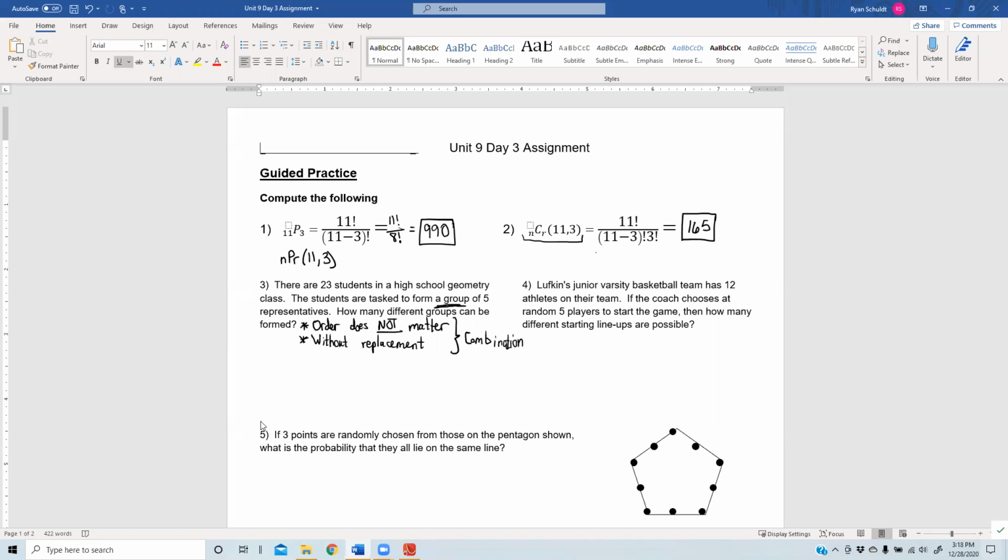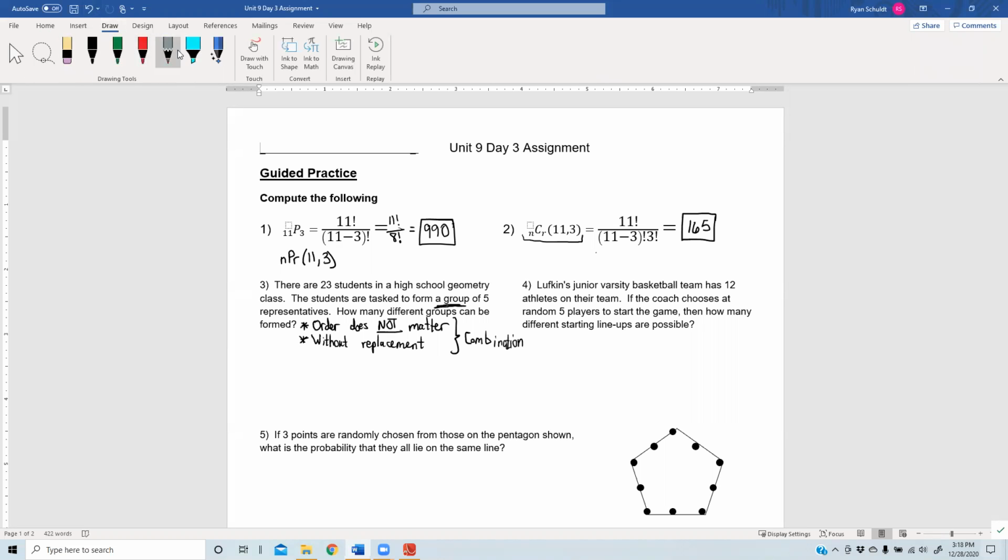Okay, so how many do we have to pick from? Well, it says there's 23 students in the class, so that means we've got 23 to pick from. That's our N. N is 23. How many are we actually picking? We need a group of 5.